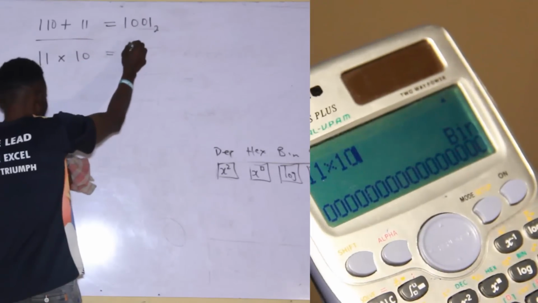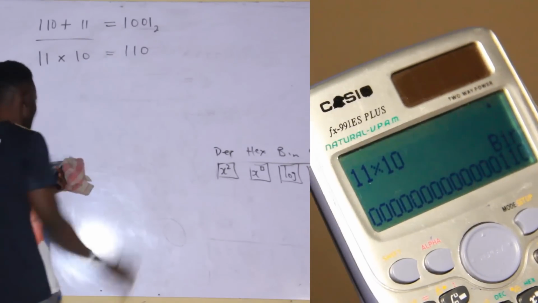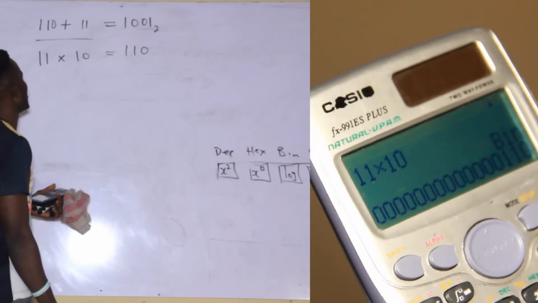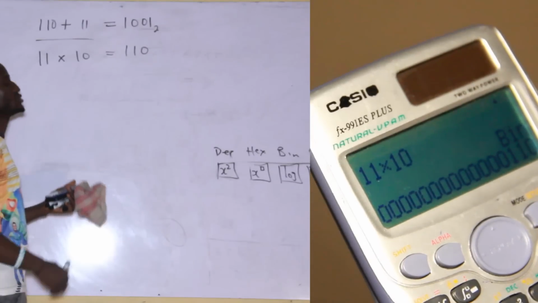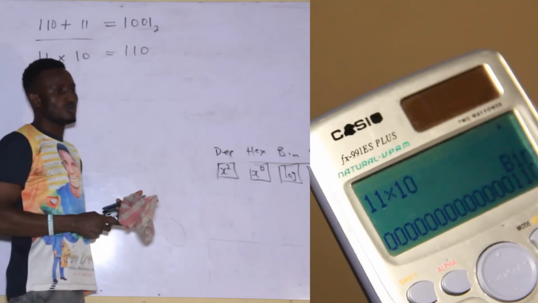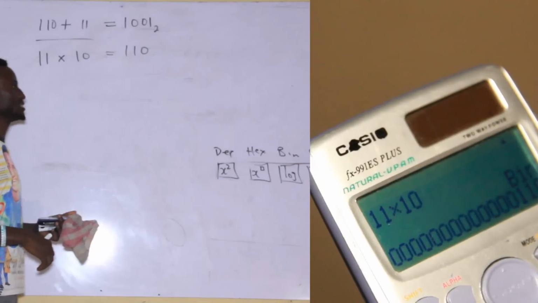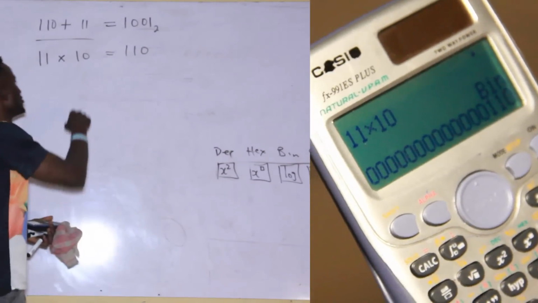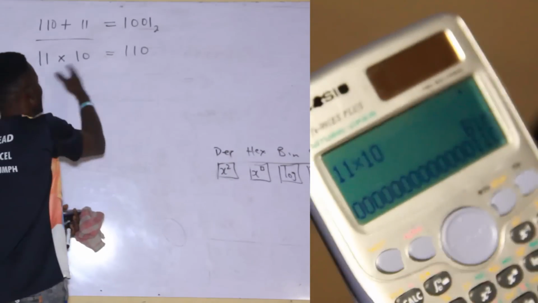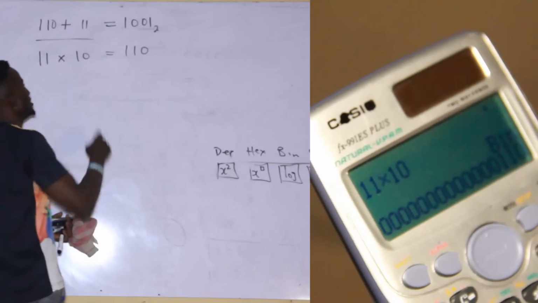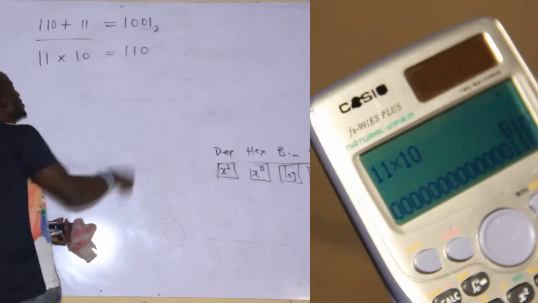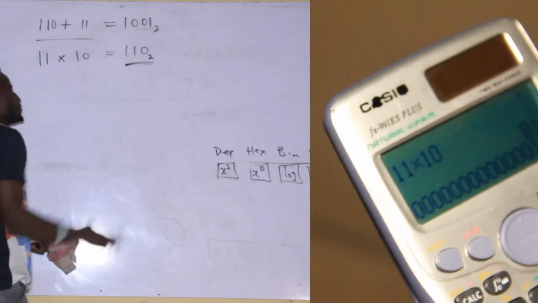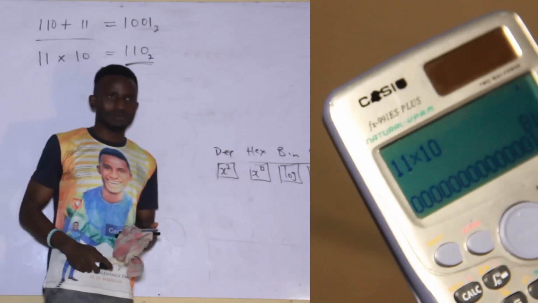Press equals to, and you observe that this value is 110. Because it contains 4 digits, you can have it as 0110. Even if you check this very well, it is 110 to the base 2, which is the multiplication.